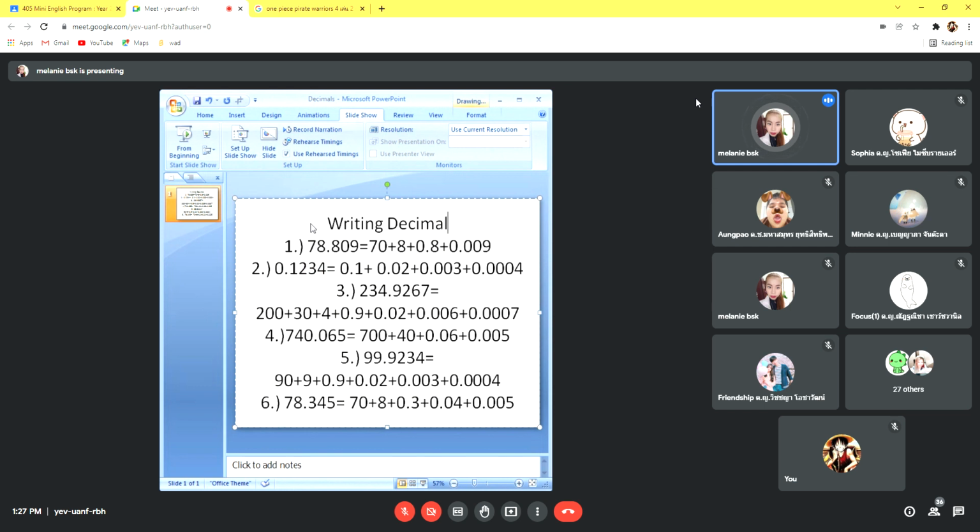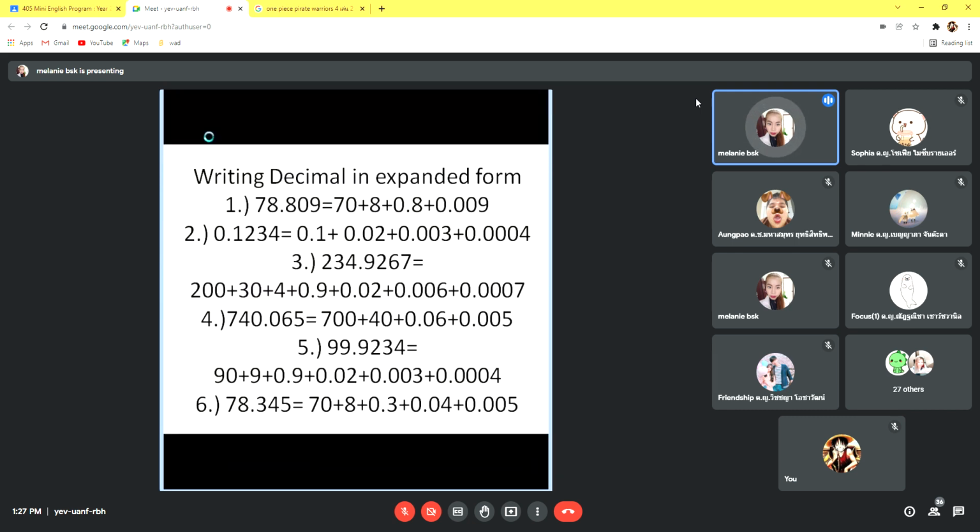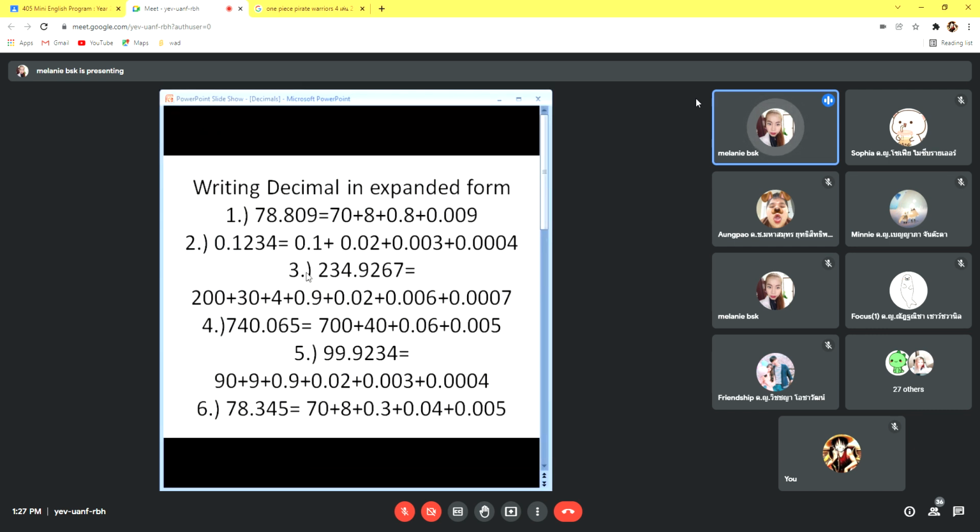Writing decimal in expanded form. Children, could you please get your notebook and write this one so that you won't forget. Those who cannot understand, could you please raise your hand so that I know.